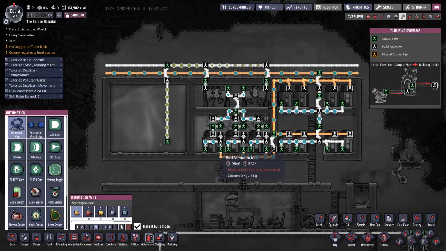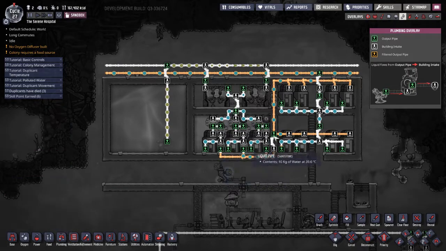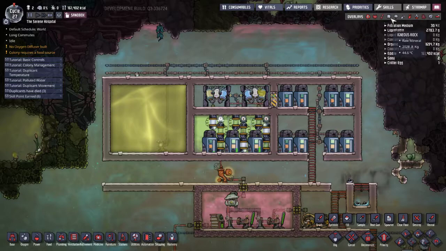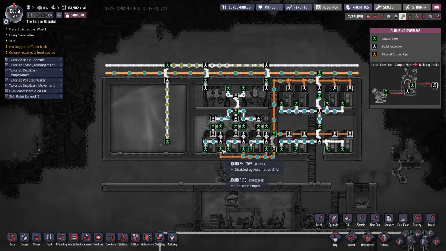Now the final stage is the empty stage. The cycling shuts off and the emptying liquid shutoff turns on, so that reservoir is allowed to empty into the clean water storage tanks.